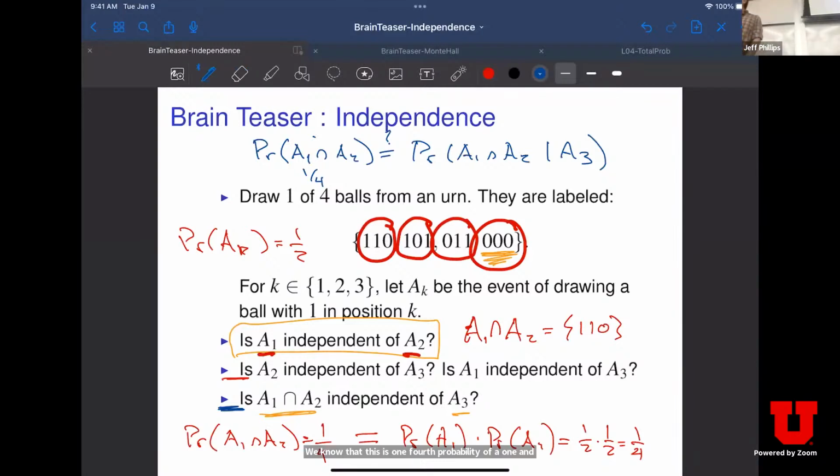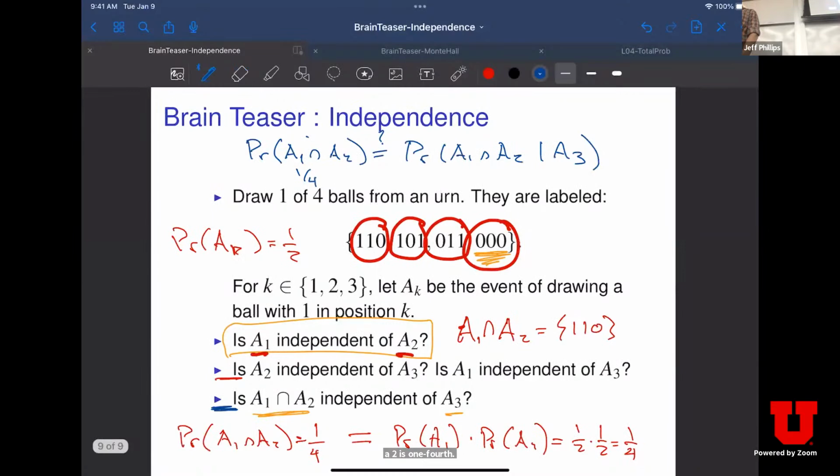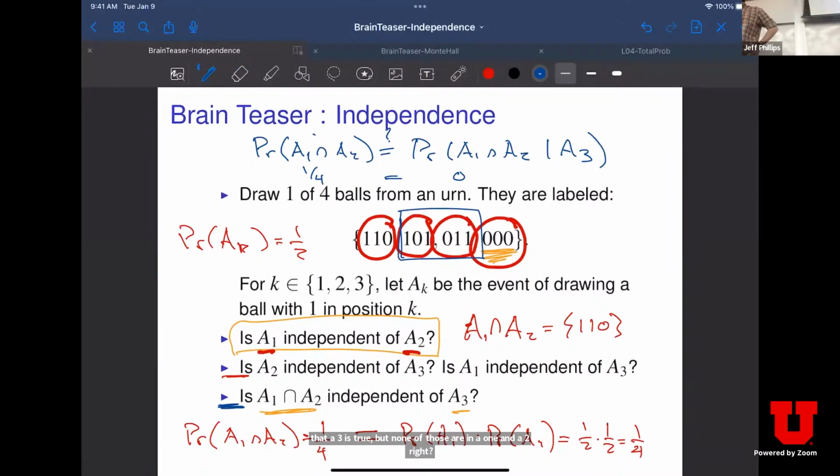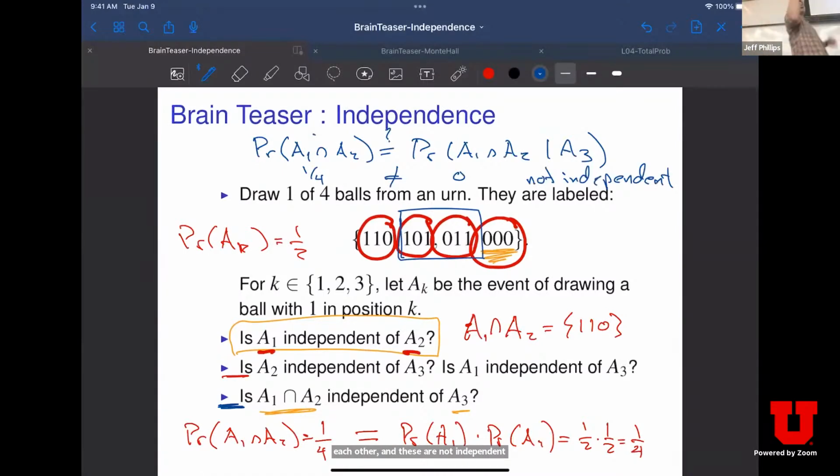But if I restrict to A3, I'm going to have these 2 balls here, 101 and 001. That's my restricted sample space, given that A3 is true, but none of those are in A1 and A2. So this side is equal to 0. These are not equal to each other, and these are not independent. So even though there are three pairwise independences, I don't have a three-way independence between these sets.